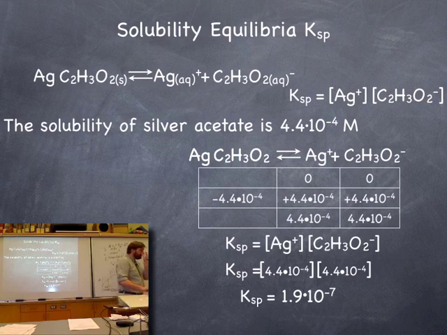Question? Wait, so does the solubility of silver acetate, is that set? Because wouldn't that depend on how much you have of it? No, the concentration is fixed by this equilibrium. It would change with temperature, but not with what volume of solution you have. But isn't that how much of it's dissolving? Well, remember, this isn't how much is dissolving.